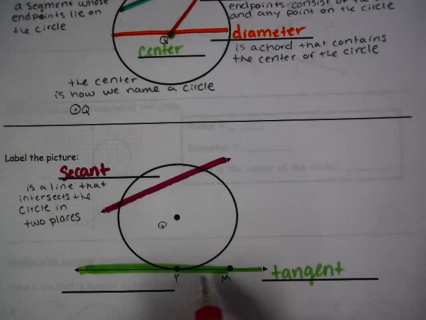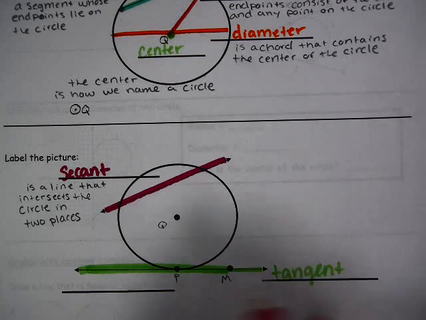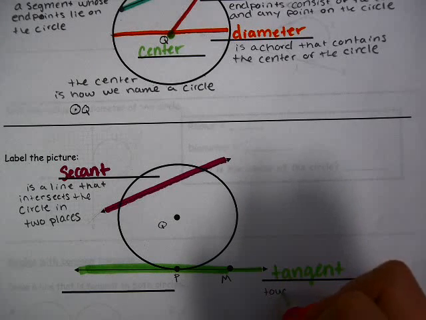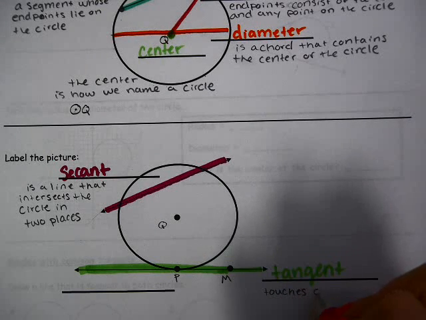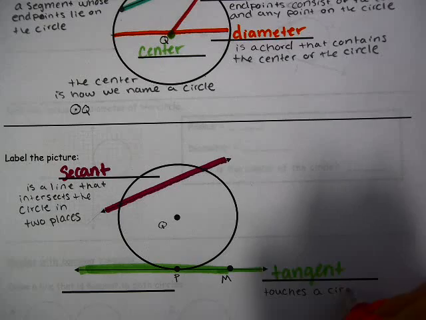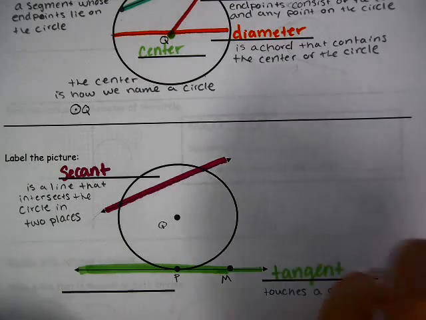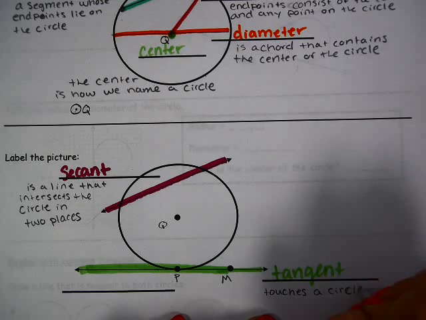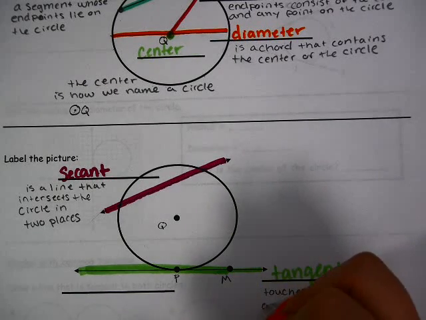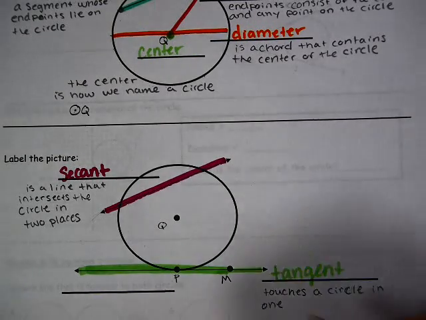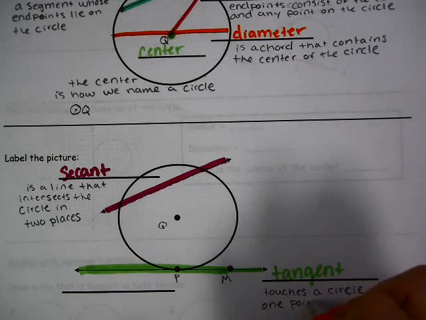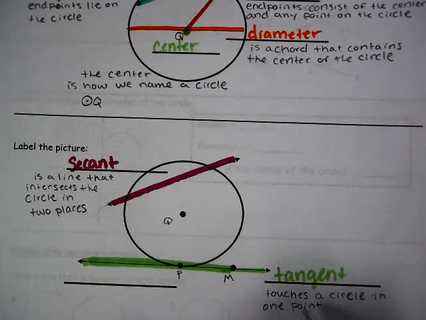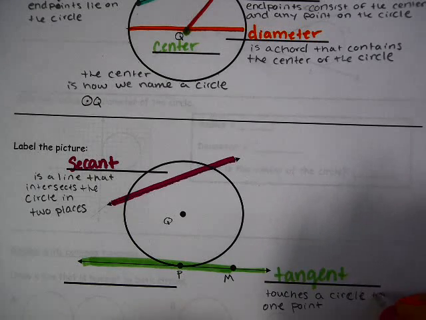So a tangent line is a line that only touches a circle in one spot.